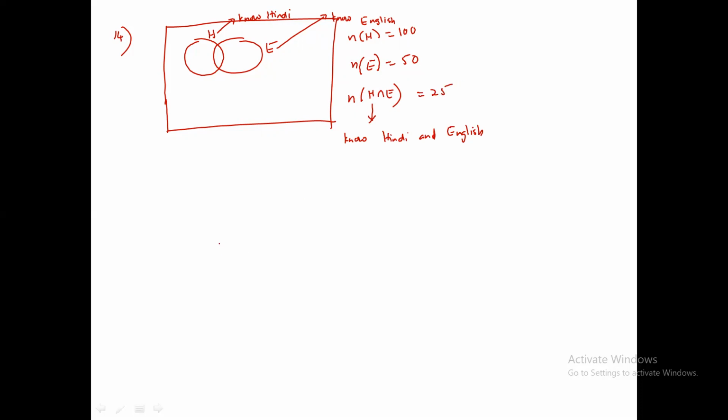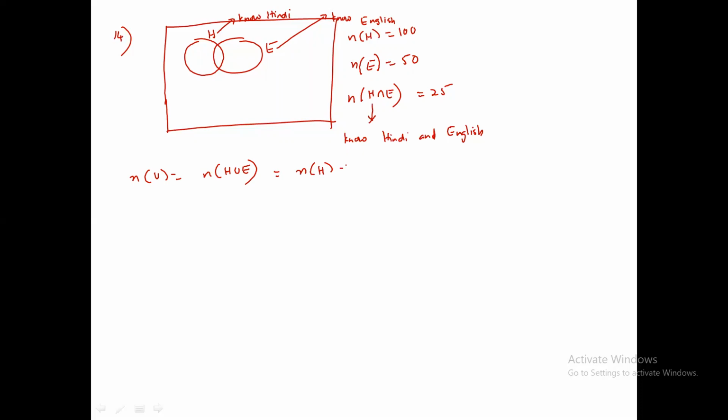Now each of the students knows either Hindi or English. That means the students must know either Hindi or English or both. No other option. That means here the universal set is nothing but H union E. So how many students are there in the group? You have to find the universal set.